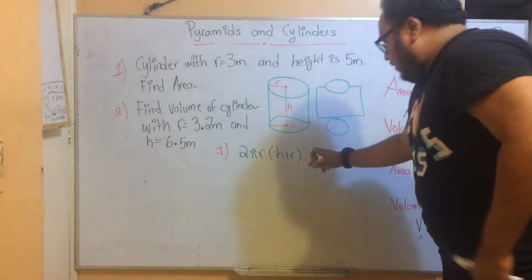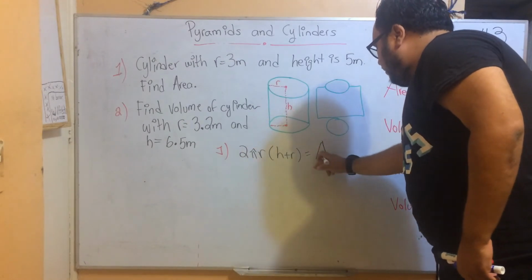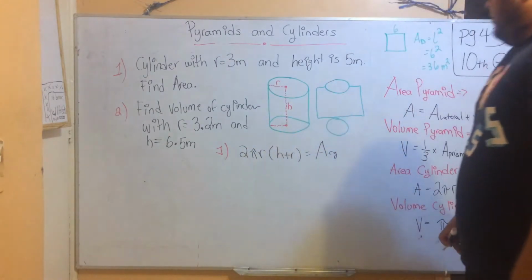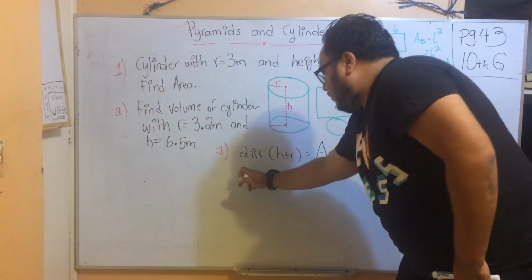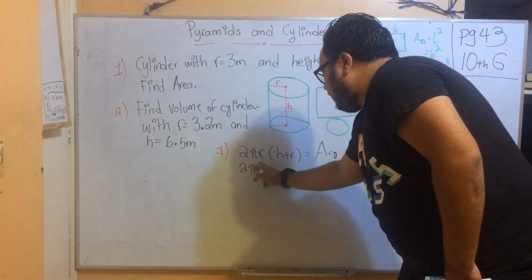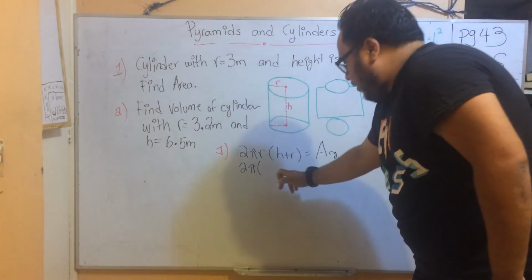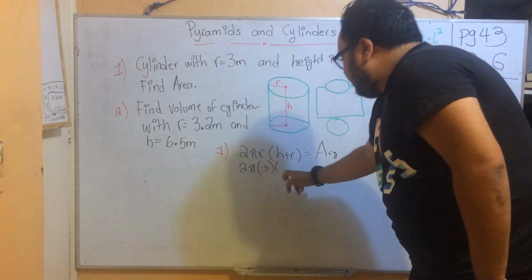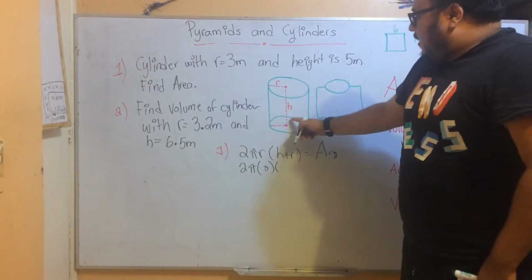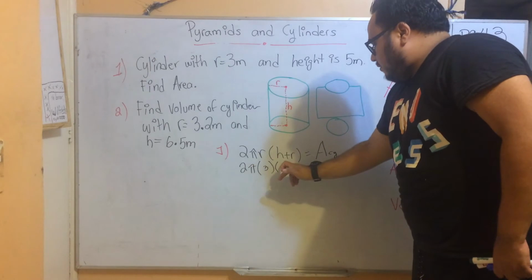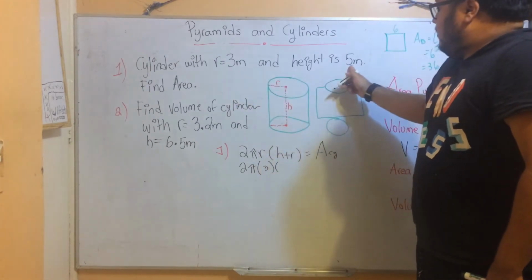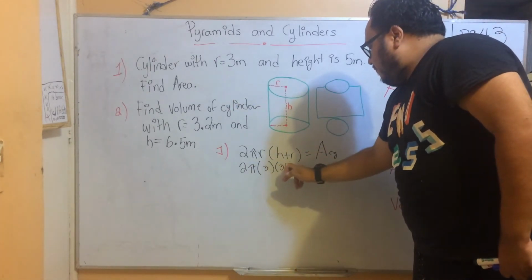This would be the area of the cylinder. Let's substitute: 2 pi, radius is 3, times the sum of the height and the radius, so that would be 3 and 5.